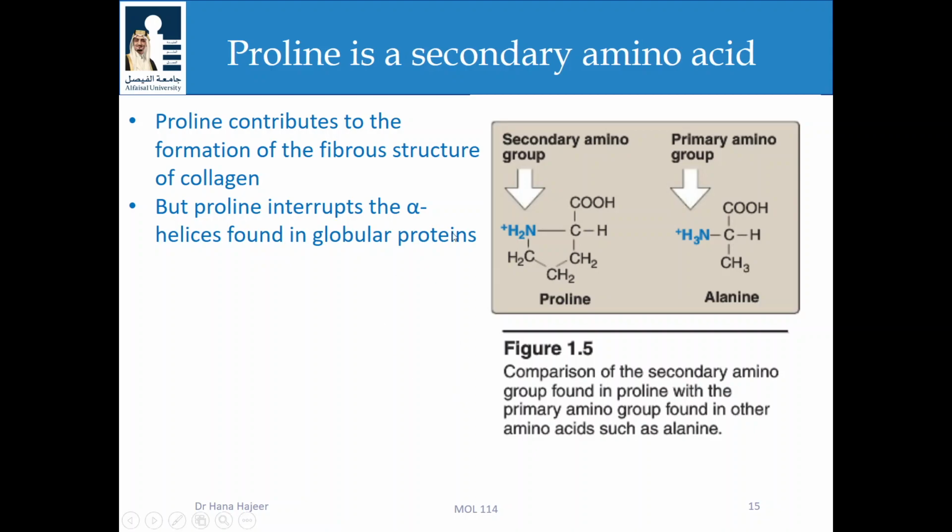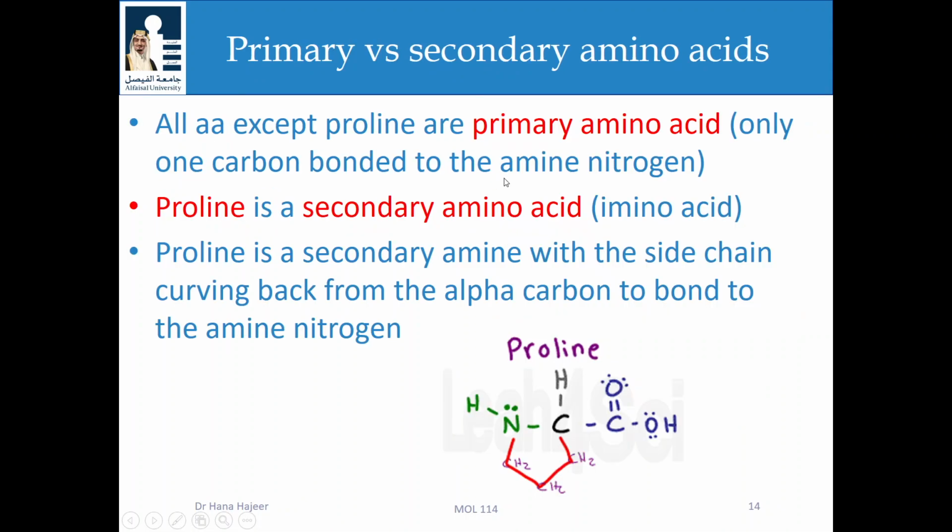Yes. So the R group is linked not only to the alpha carbon, but also to the amino group. And that makes proline a secondary amino group, because the amino group is linked to 2 carbons. So we call it secondary amino group, or sometimes they refer to it as imino acid.